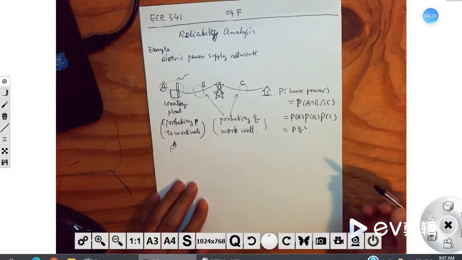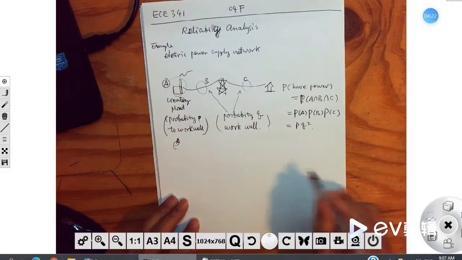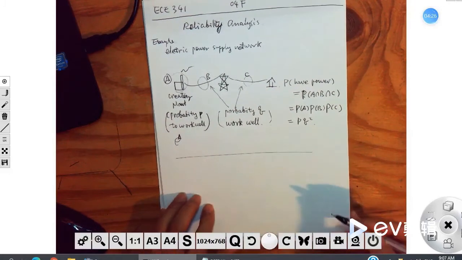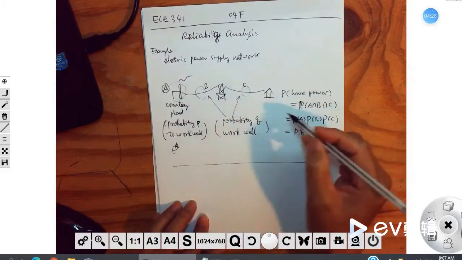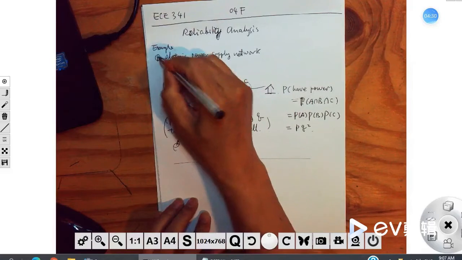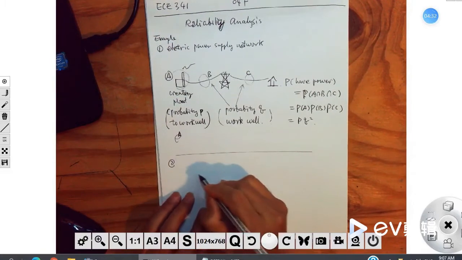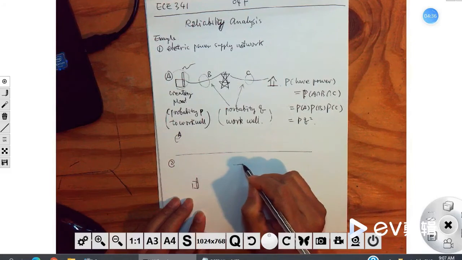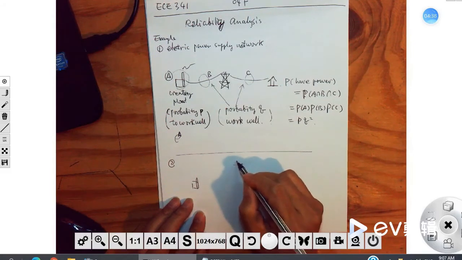We can also consider the same thing, but the connection is different. I have two wires, two lines to connect.